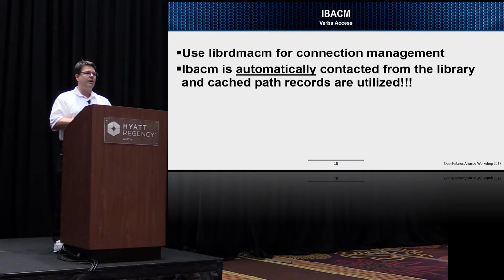So for a long time, and I don't know that anybody is really using the old IB connection manager protocol. So I'm assuming everybody's using librdma-cm, but if you're not, start. IBACM is automatically contacted under this condition, and the cache path records are utilized. So if you're doing rdma-cm already, once you've configured IBACM, you're good to go.